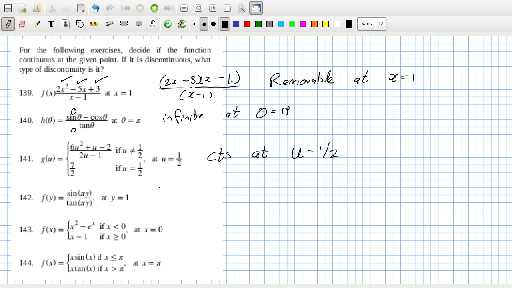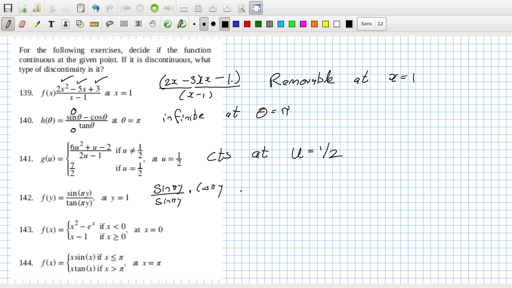Ooh, I could change that into sine pi y over sine pi y over cos pi y. So sine pi is 0.